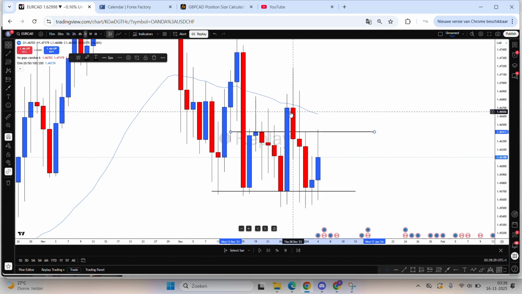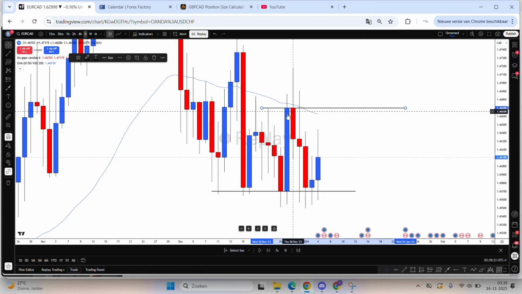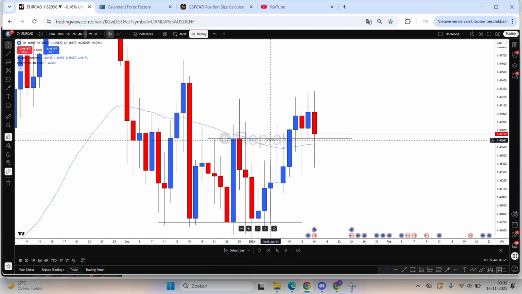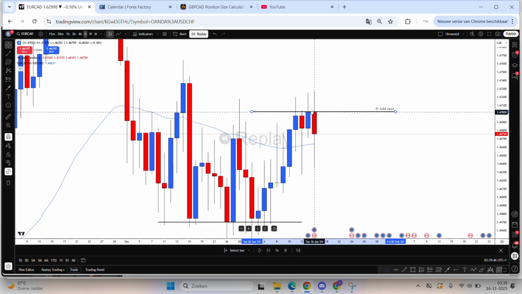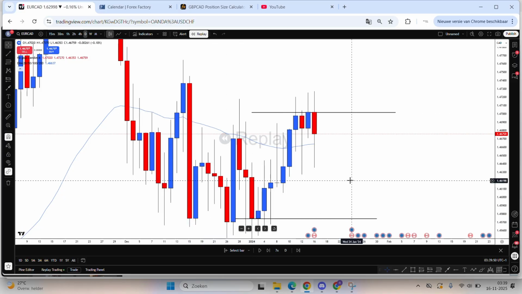Now we broke above again, so we shifted bullish. That makes this the higher high and this the higher low, because from this area we got the push. Now let's see what the market does again. Okay, we broke the higher high, so that makes this the new higher high and this the new higher low.